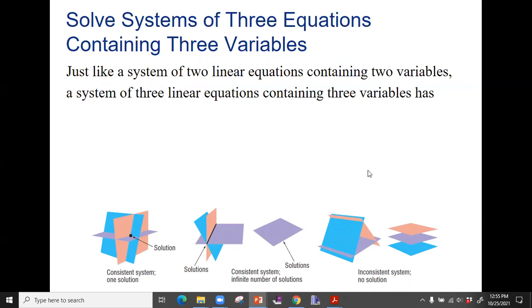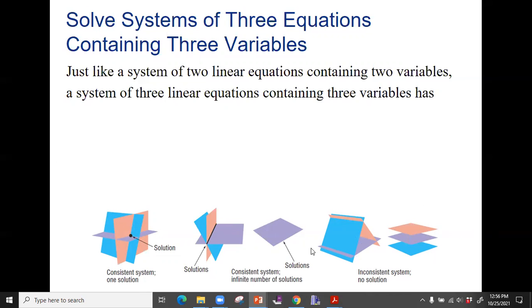So you're still dealing with either one solution, a consistent system, if all 3 planes intersect. So there would be a solution. It's a line. And then you have your consistent infinite solution if all 3 planes overlap each other. And then you have your inconsistent solution if all 3 planes never intersect, or they don't all 3 intersect at the same time.